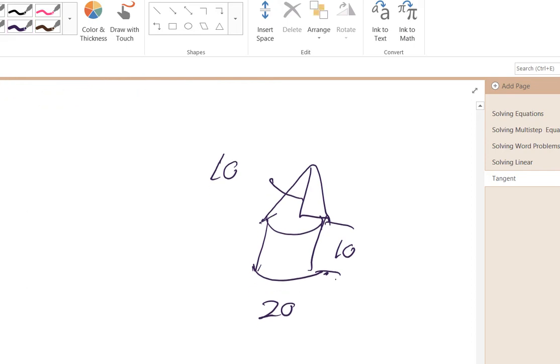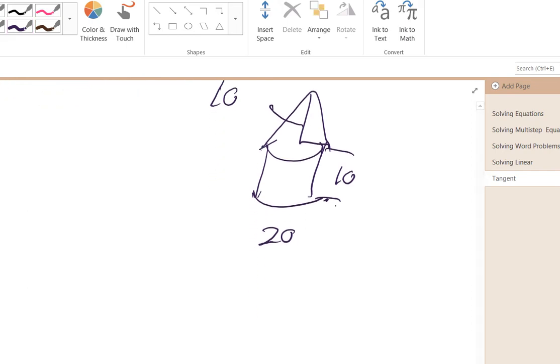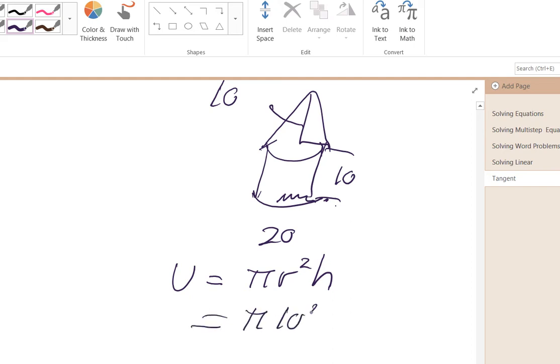So for the cylinder, the volume is equal to pi r squared h. R is the radius, but in this case it's going to be half of that, and the height is also 10. So you would figure that out.